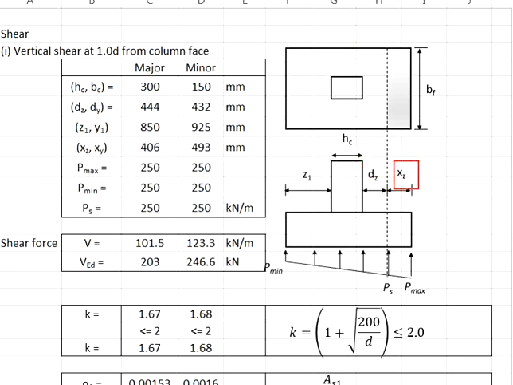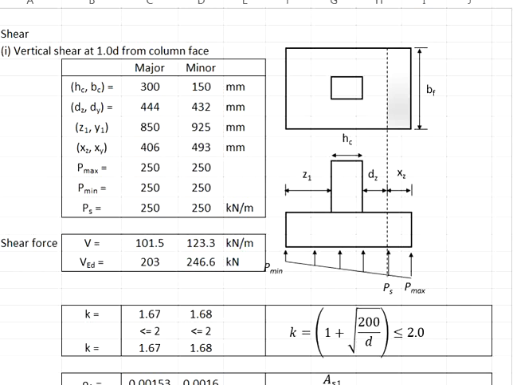That will give you a greater distance from the edge to the shear plane. This greater distance will give you a larger area contributing to the shear force. That's why you will get a greater shear load in the minor axis.